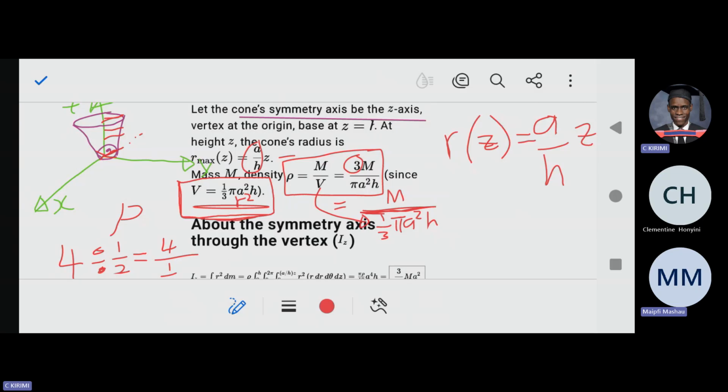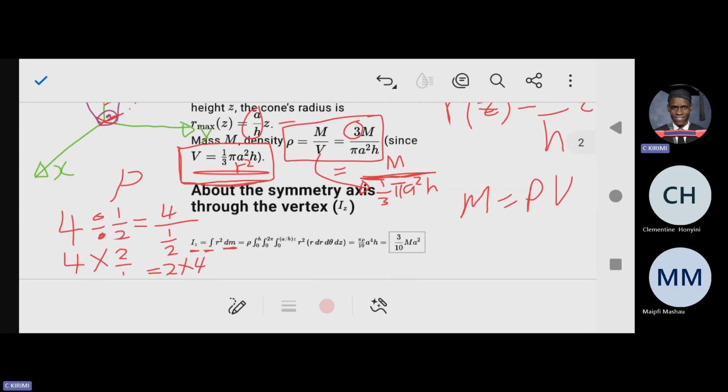It's M, density multiplied by volume. So M is equal to density, which is rho, multiplied by what? The volume. That is correct.